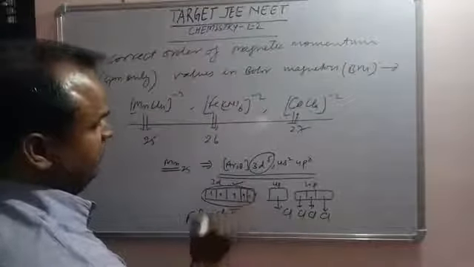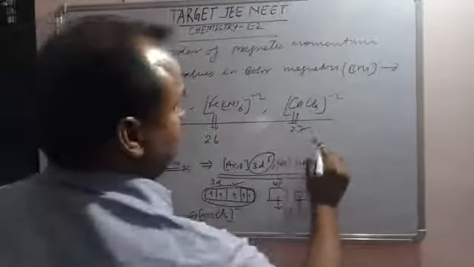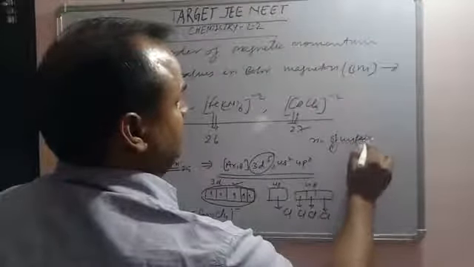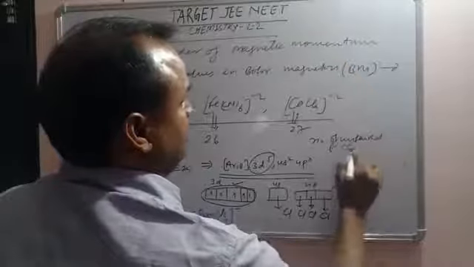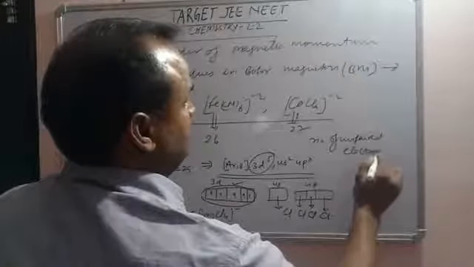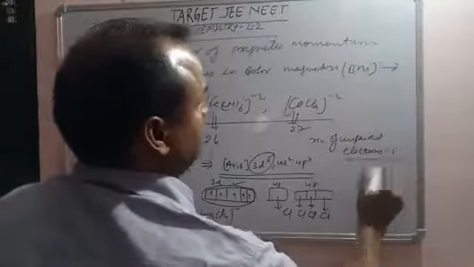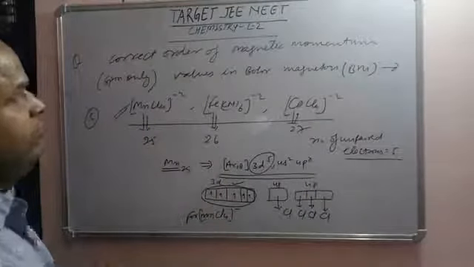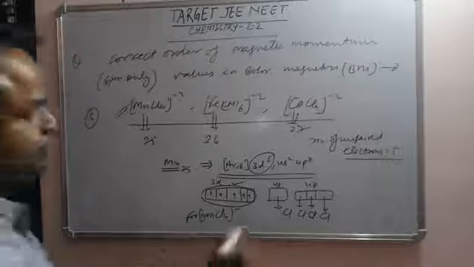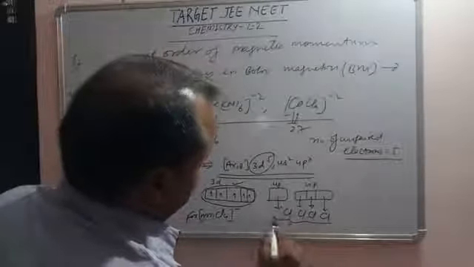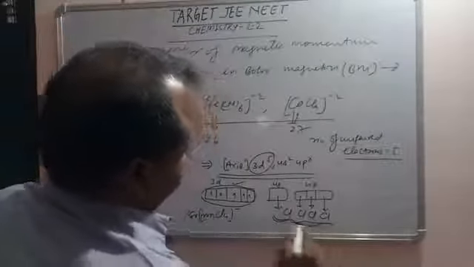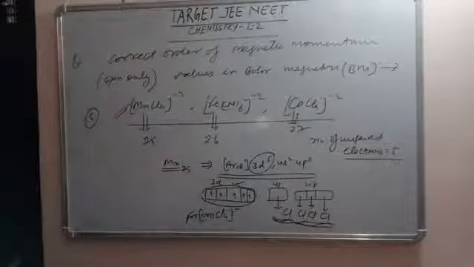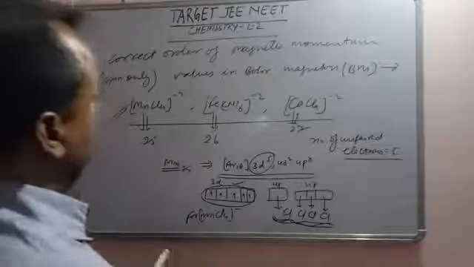It means the number of unpaired electrons is equal to 5. Clear? From here you can say about the geometrical structure as well: sp3.